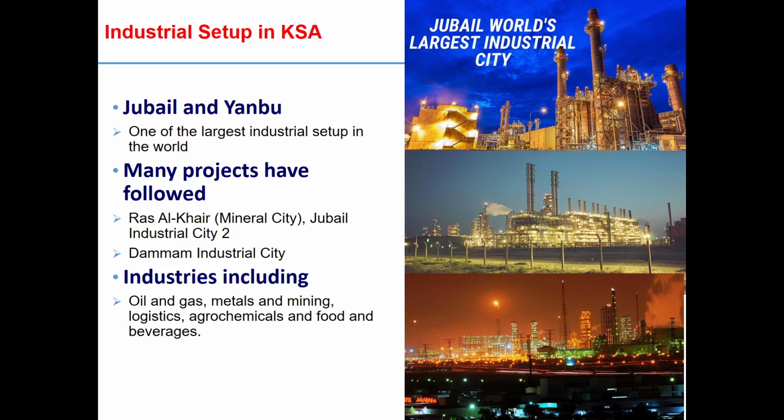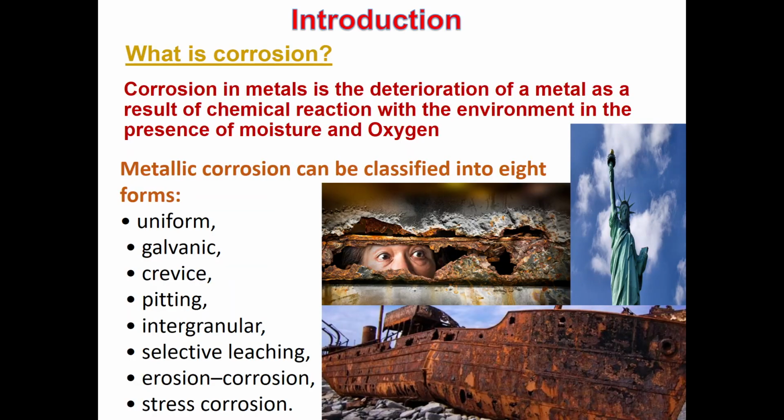It contains a lot of minerals, and there is the Jubail industrial city and the Dammam industrial city also. These industries mainly consist of oil and gas refineries, metal and mining industry, logistics, agrochemicals, and so on. It is a huge industrial setup, which at one point was recorded in the Guinness World Records also.